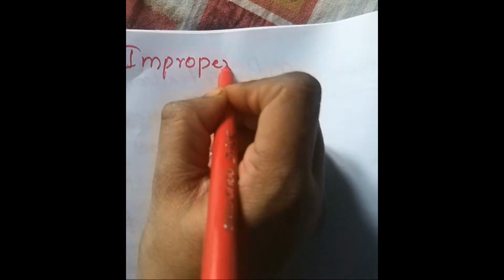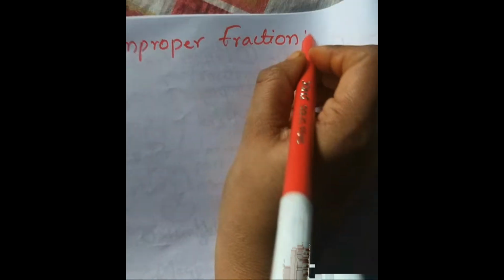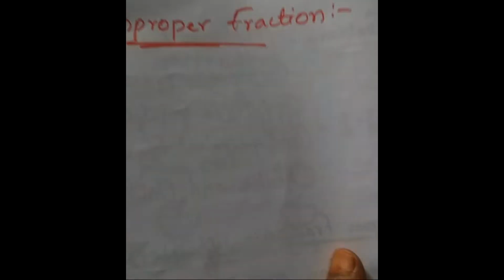Another example, the next fraction is the improper fraction. The second fraction is the improper fraction. What is improper? How do we identify improper fractions? See here with an example, children. Proper means numerator is less than denominator.